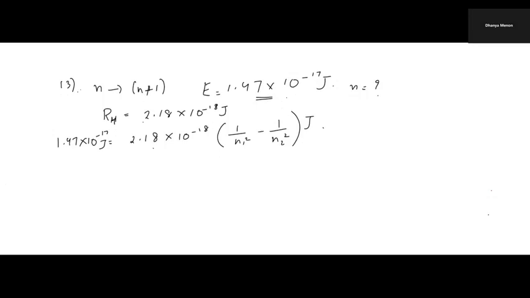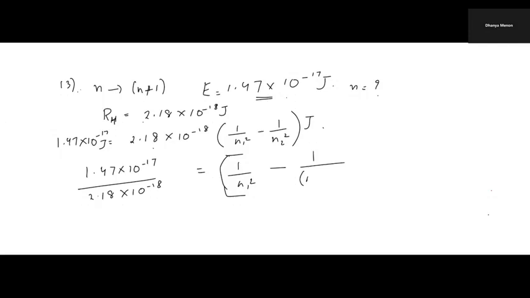So 1.47 times 10 raised to minus 17 by 2.18 times 10 raised to minus 18. The joule and joule get cancelled, and we have 1 by n square minus 1 by n plus 1 the whole square.